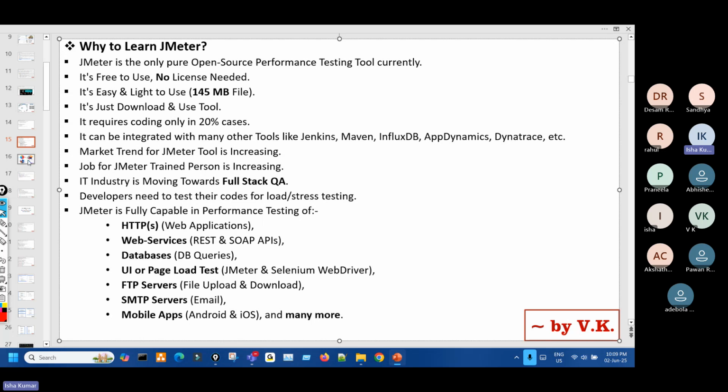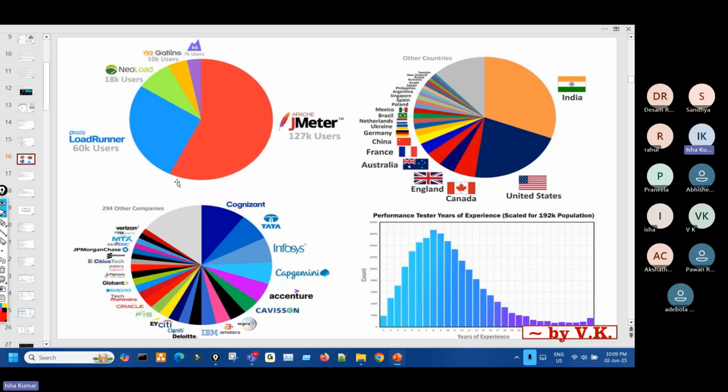Now, this is one small diagram, taken from LinkedIn, where you can see how much percent of users are using JMeter, how much are on LoadRunner, and how much are on other tools. You can see how many jobs there are in which country, and which organization has how much share of performance testing jobs.